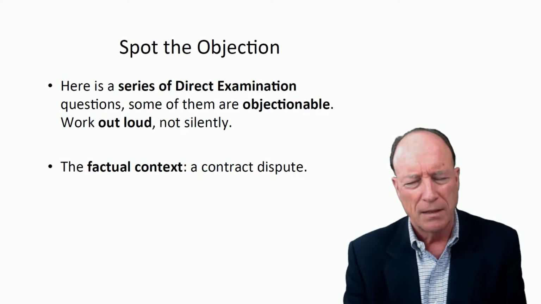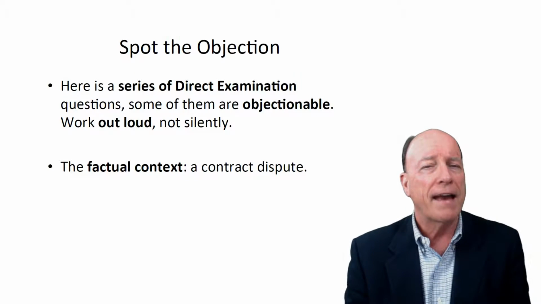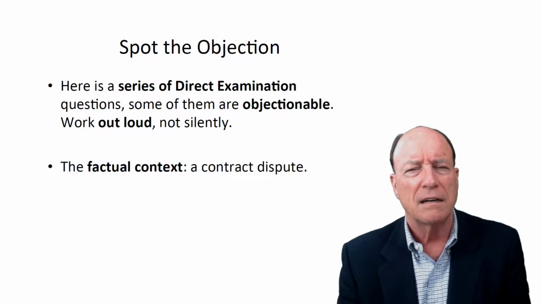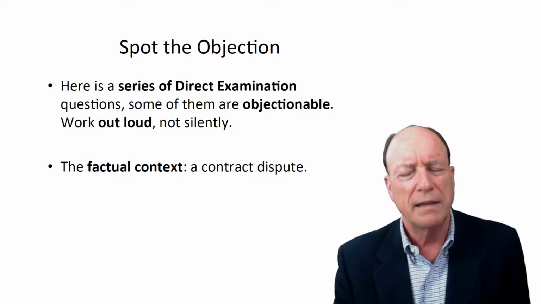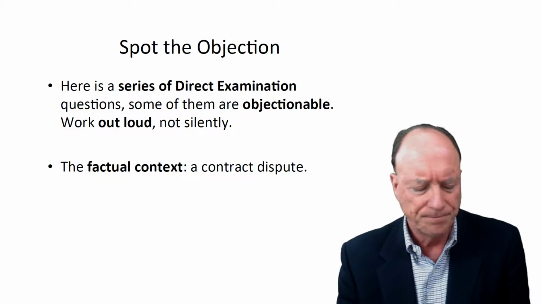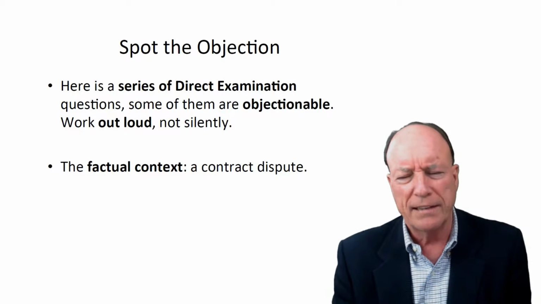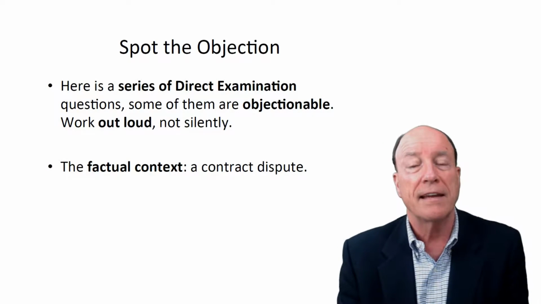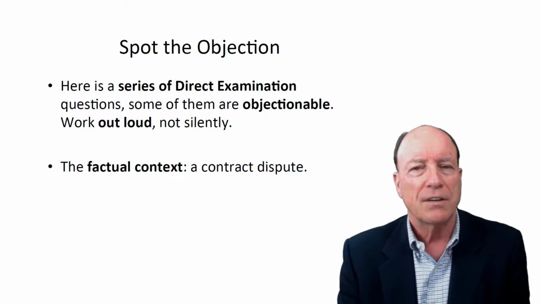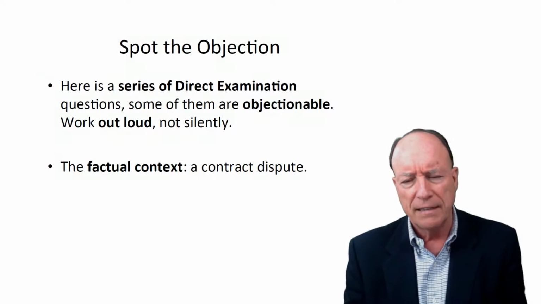Raise your voice. Let me give you a little background of the factual context in which the questions will be related. This involves a contract dispute, a 2-week rental of a luxury house on the seaside.